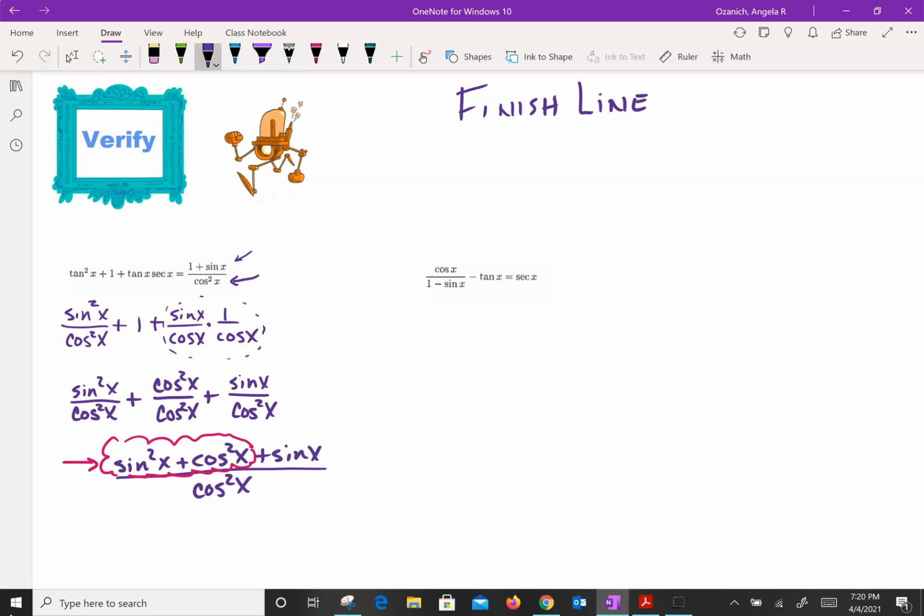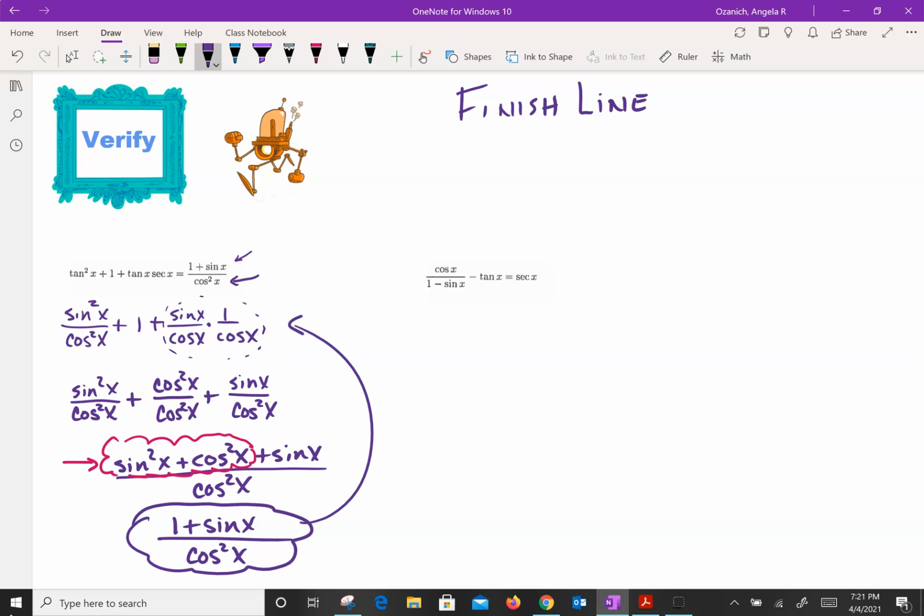So I'm going to take that out, I'm going to put a 1 in its place, and I'm going to see if that seals the deal at our finish line. So let's see what happens here. Oh yeah, hey, now I've made the left side look like the right side, right? I've made it look like this, our finish line up here.